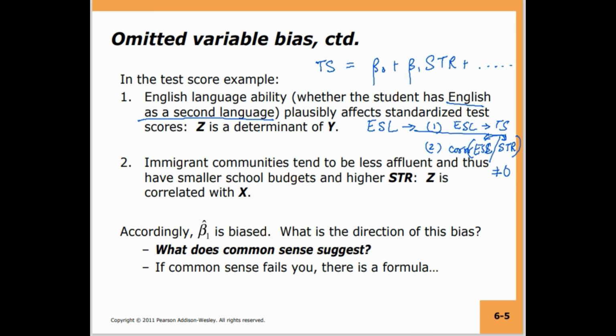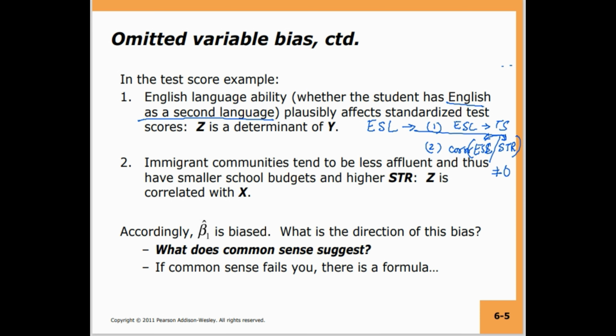Secondly, it might be that those same communities which have a large concentration of immigrant population, in this particular case they are talking about California, so the immigrant population they are talking of may be people who come from Latin America and speak Spanish at home, so they have to learn English.